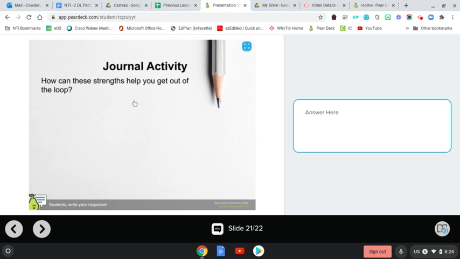Okay, our next journal activity is how can these strengths help you get out of that loop? So stop and think. If your friend says you're always stuck in that loop where you get into class and you don't know what to do, so you start yelling. Well, your strength is that you're really good at being able to help someone else.